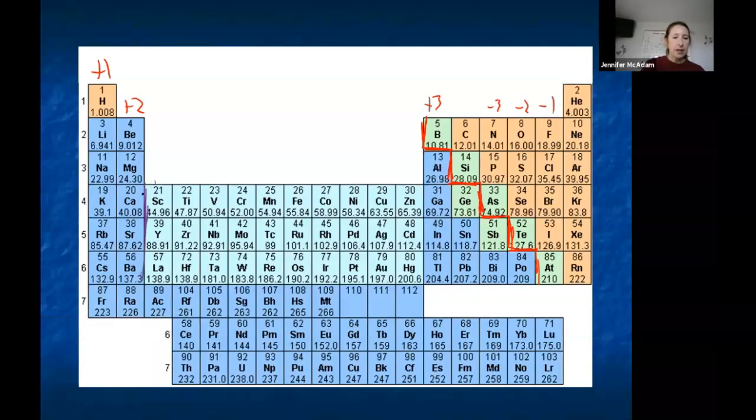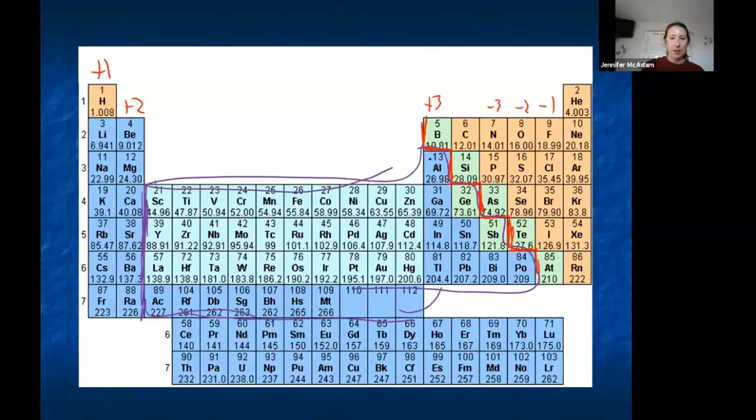Maybe purple wasn't the best choice. If it's under the stairs, it needs Roman numerals, except these. And I'm not going to use purple because you're not going to be able to see it. We'll use black. So there's the triangle that doesn't need Roman numerals.